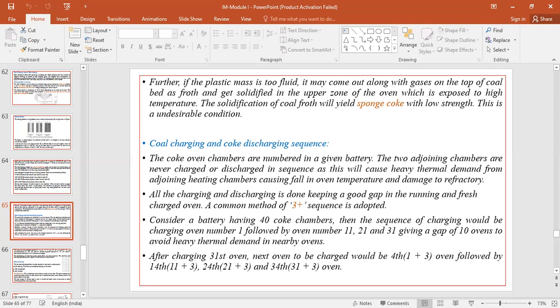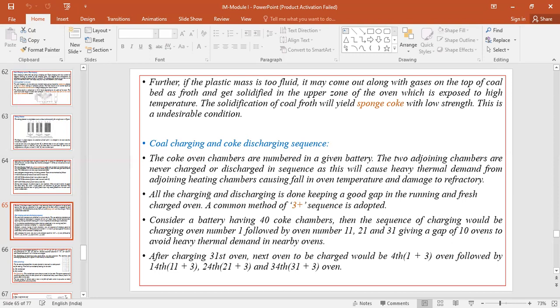So when you are charging coal into the ovens, we cannot do either charging or discharging one after the other.